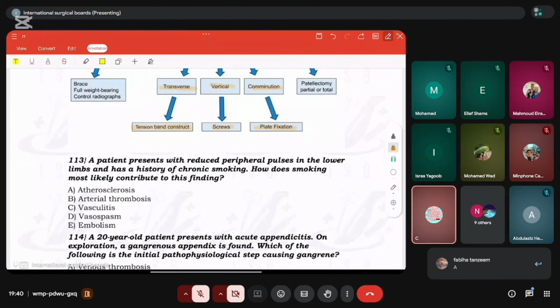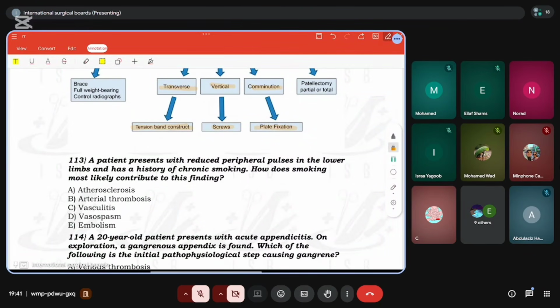Vasculitis, I suppose, embolism. So C, D and E look acute, but generally A looks the answer if it's a long-standing problem with the smoking. Yes, so smoking accelerates the progression of atherosclerotic plaques, and we know it's related to atherosclerosis because it causes endothelial injury. Is that right?